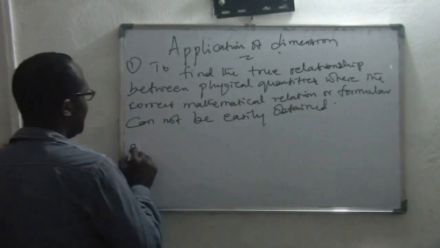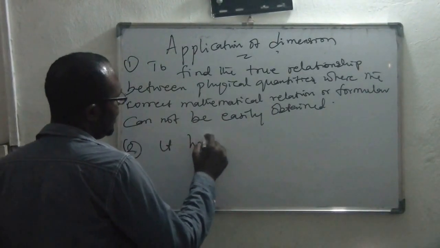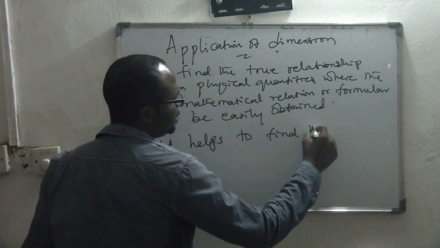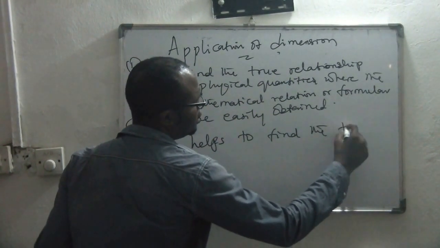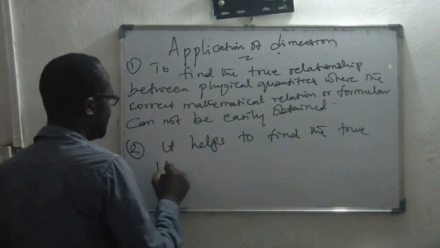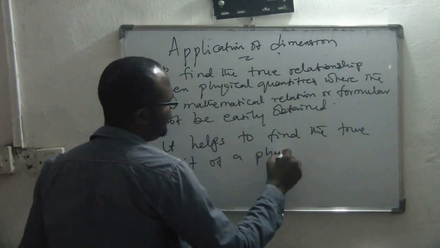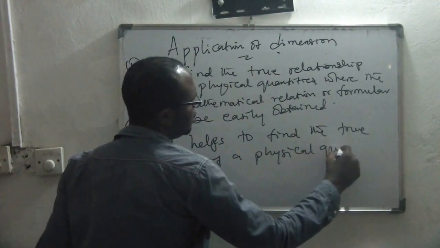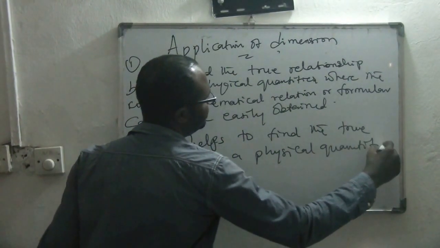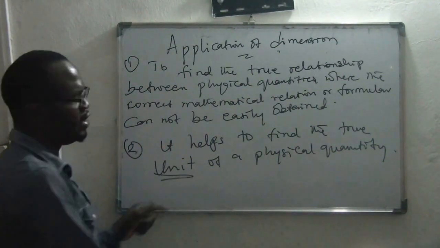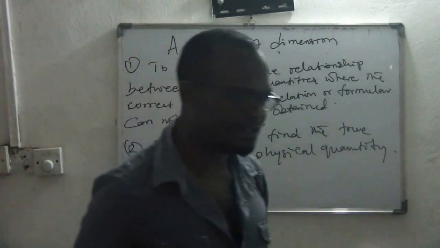Number two application is that it helps to find the true unit of a physical quantity. Dimension can help you in determining the units of any physical quantity. Is that clear?